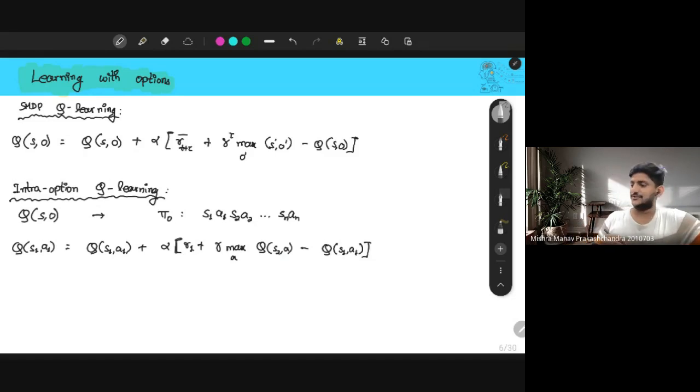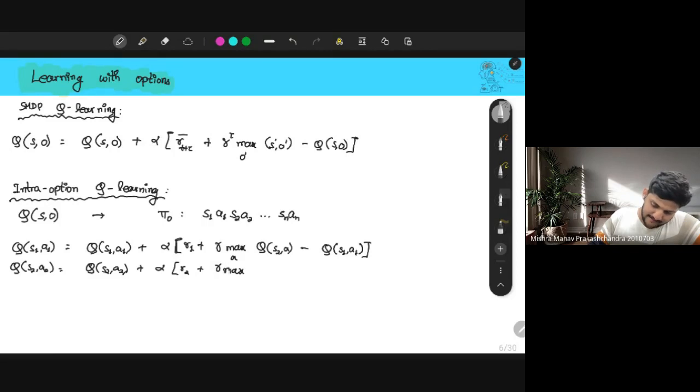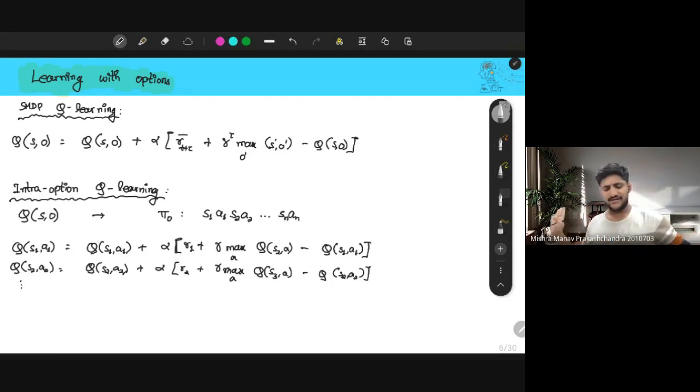So we can solve for this quantity. Similarly, we can solve for Q of S2 comma A2 as Q of S2 comma A2 plus alpha times R2 plus gamma max over A Q of S3 comma A minus Q of S2 comma A2, and you can do it for the nth state action pair that you have.